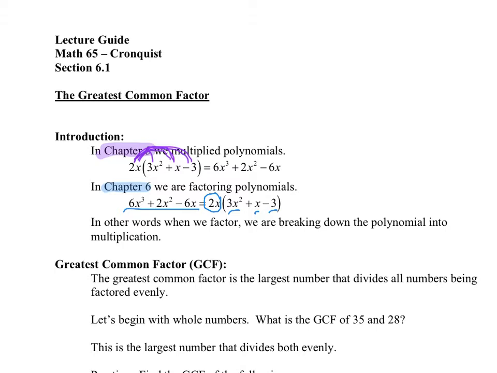Let's look at what we did when we were doing prime factorizations back in, I think that was chapter 2. We would take a number like 24, and we would factor it. And this is what we're doing with polynomials now, is factoring.